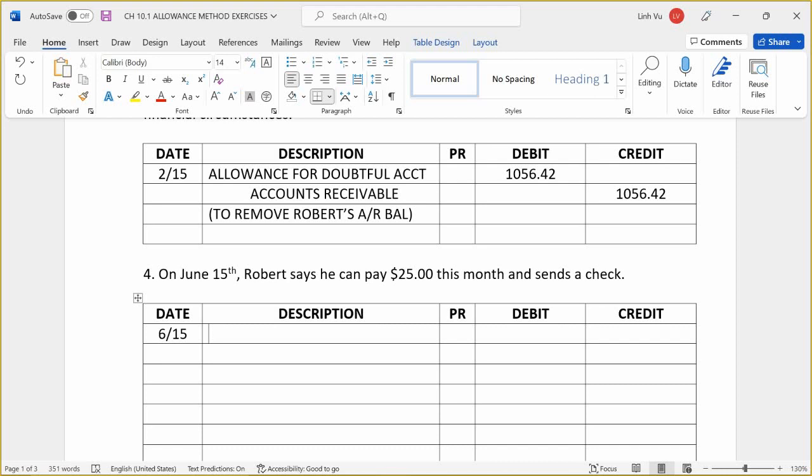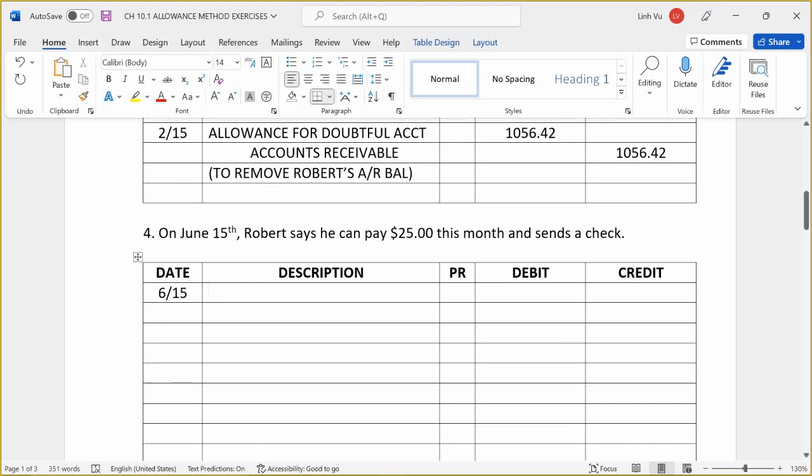I would have to unfreeze his account, and make it active again. That's usually what happens when someone doesn't pay. You immediately flag their account and make them inactive, because you don't want them to continue buying stuff when they can't pay. So you move it back to accounts receivable? Correct. Yes, you have to reactivate his account.